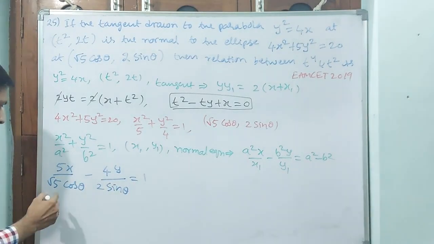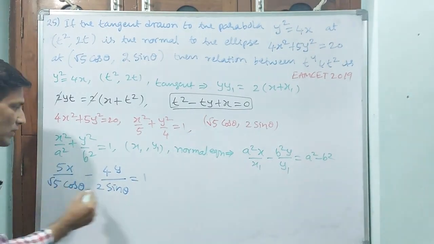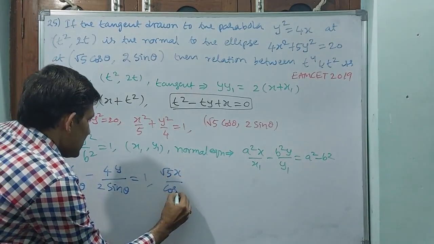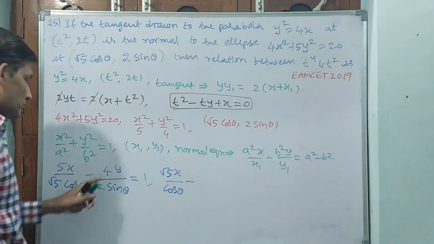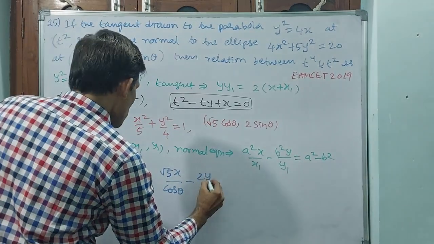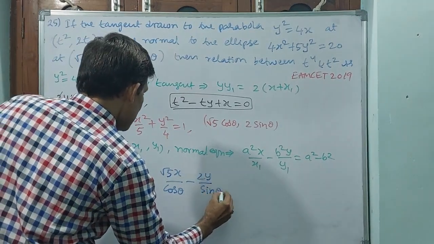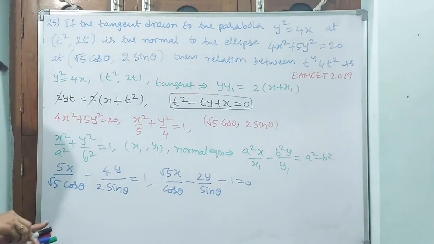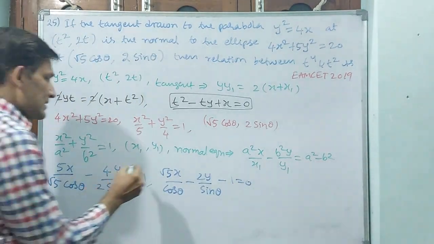Okay, directly I have written. Now you see, root 5 times it goes: root 5x by cos theta minus 2 times it goes 2y by sin theta minus 1 equal to 0. Shall I write it like this? Now you take this as equation number 2.